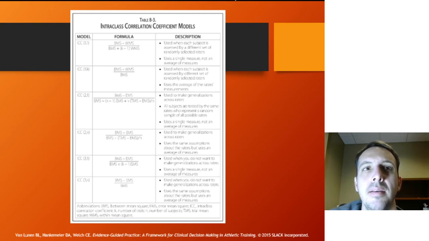And so the idea with that would be, if we have a rater or set of raters, as is the case with these different models, if we have them perform the test a single time and use that measure, or even just have them do it multiple times but keep each measure as a single data point, that would be a model 1.